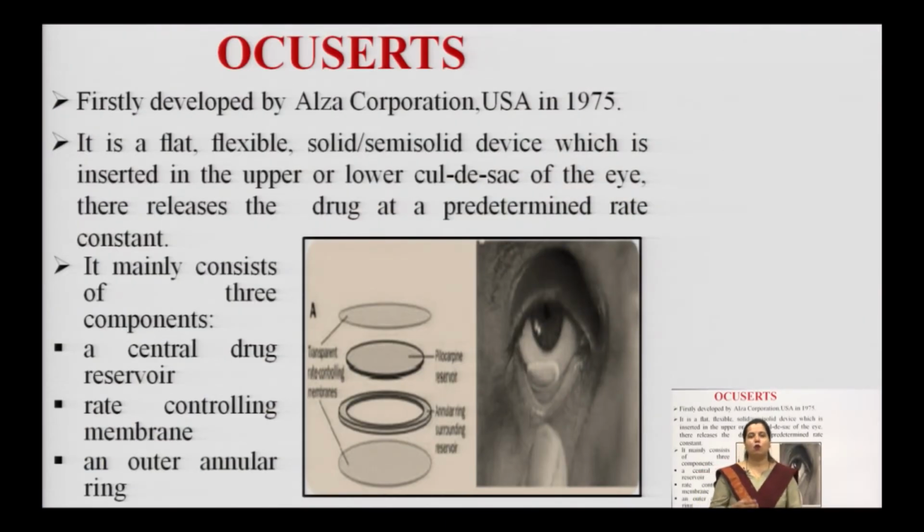So, what are OcuSerts? It is also known as Ocular Insert. It was firstly developed by Alza Corporation USA in 1975. We are saying that these are the advancement, but the first controlled device of novel drug delivery system was developed in 1975 by the USA Alza Corporation.